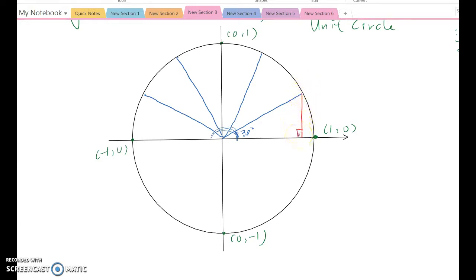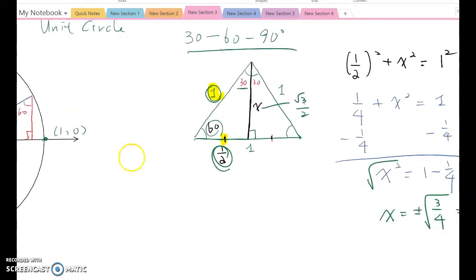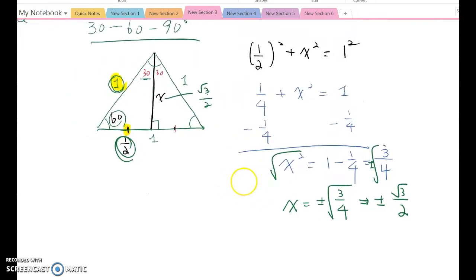Now I'm gonna draw just a vertical line from here, like this. Then it looks like a right triangle. Since this is 30 degrees and this is 90 degrees, this must be 60 degrees here. Whenever we have the 30, 60, 90 case, if the hypotenuse equals 1, the opposite length of 30 degrees is 1 over 2, and the opposite length of 60 degrees becomes root 3 over 2.